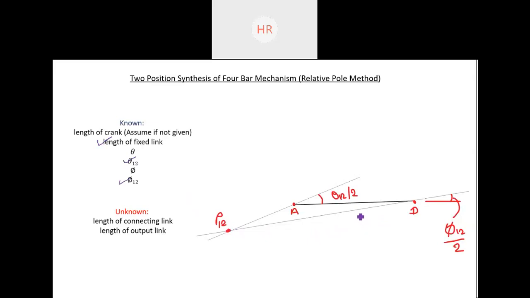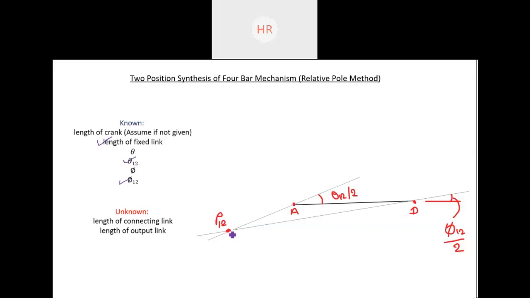Okay, this is the property of the pole point. It is actually at the intersection of these two bisectors. So initially to start the problem, we are taking these angles theta 12 by 2 and phi 12 by 2 with the horizontal direction. And at the intersection of these two, we are getting the pole point. So now we have the location of the pole point over here.